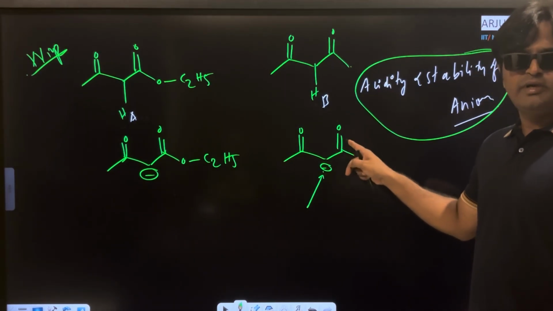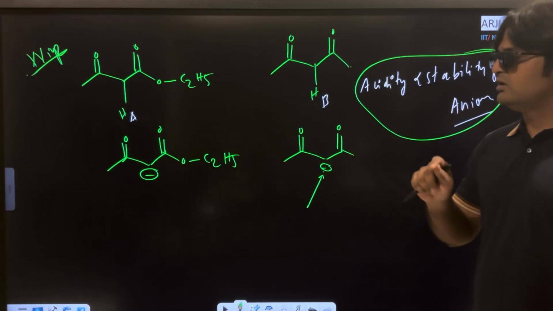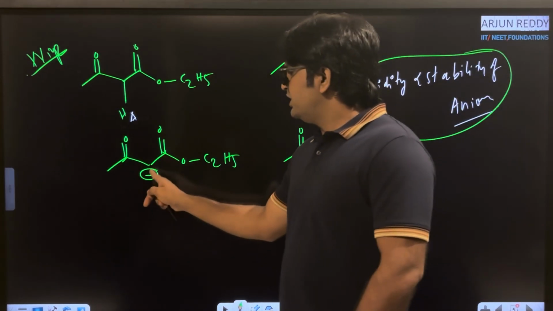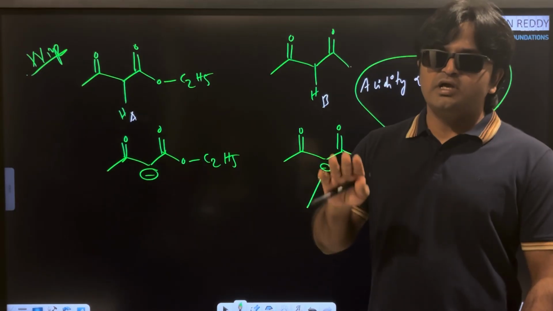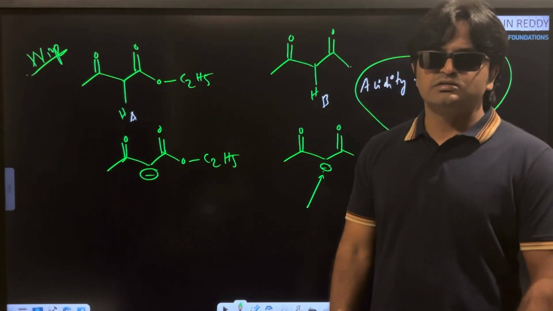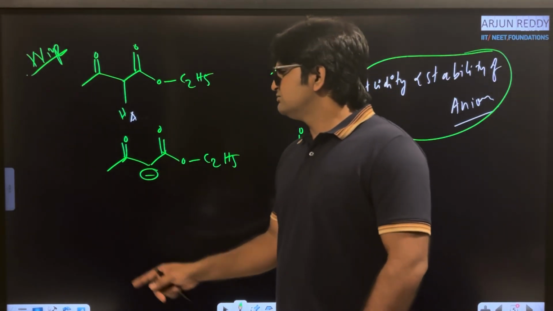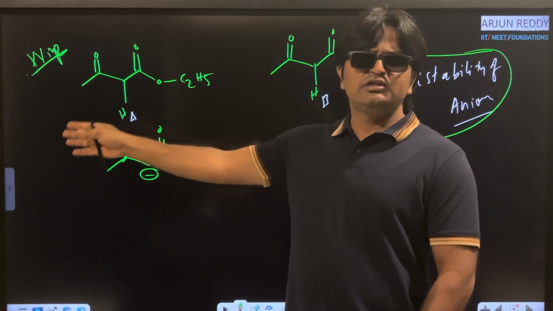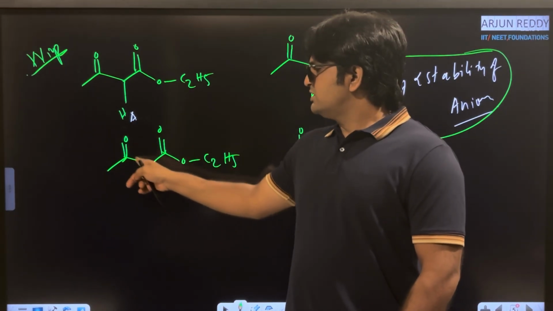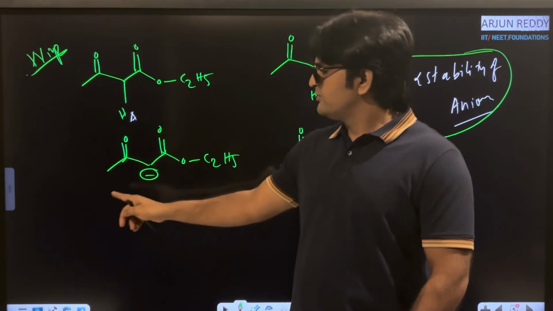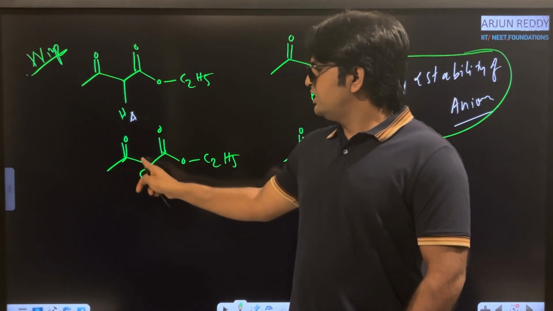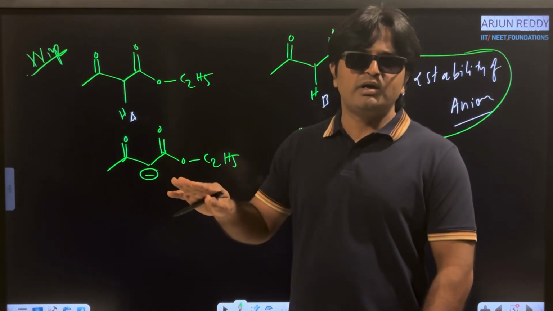Come to the first molecule, negative sigma pi. There is no problem with the left side carbonyl functional group. Why? Because it has no other friends. There is a conjugation between the negative charge and the pi bonding electrons, or pi system. There is no problem at all.